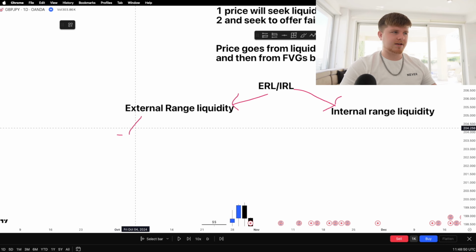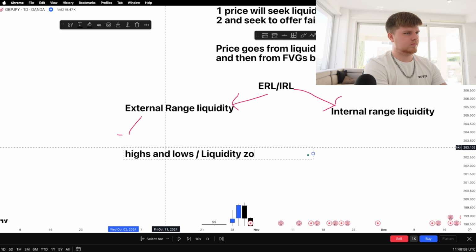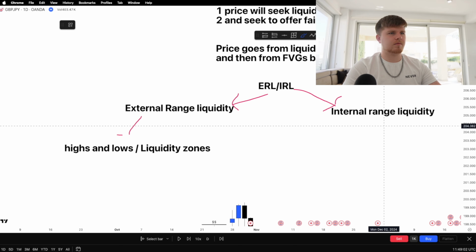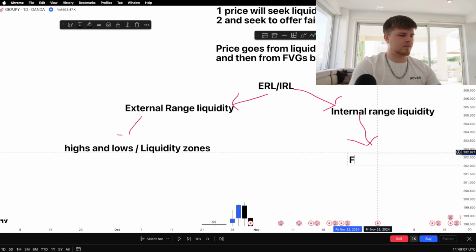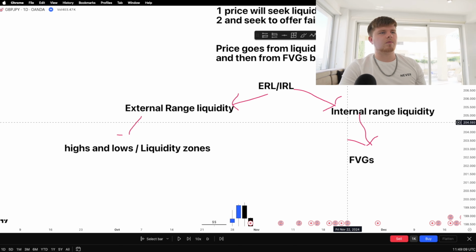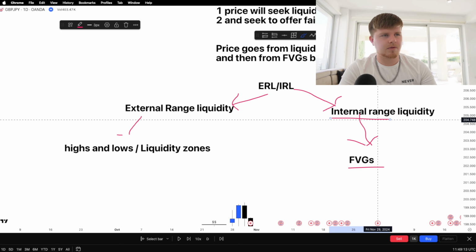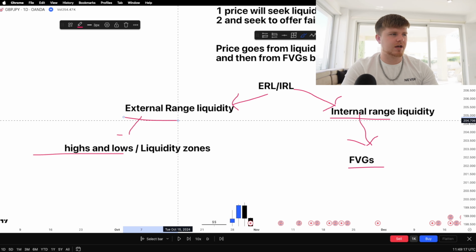Liquidity zones, highs and lows. What is internal range? Fair value gaps. So fair value gaps are found inside the range, which means internal, inside. Highs and lows are found on the outside of the range, which is external.